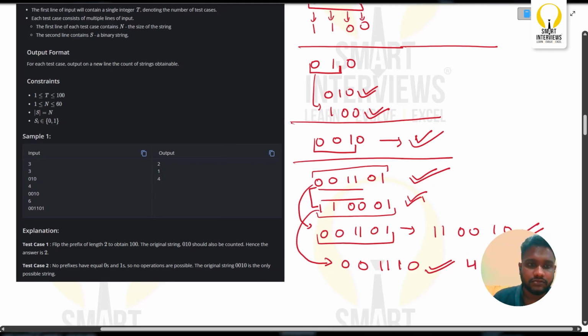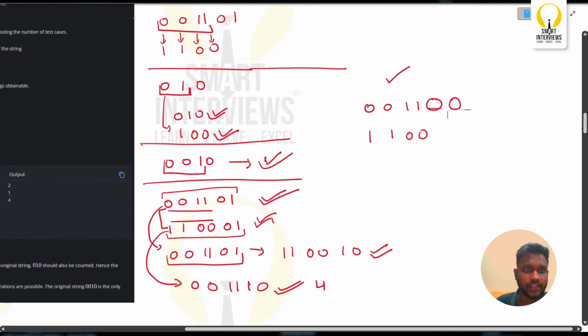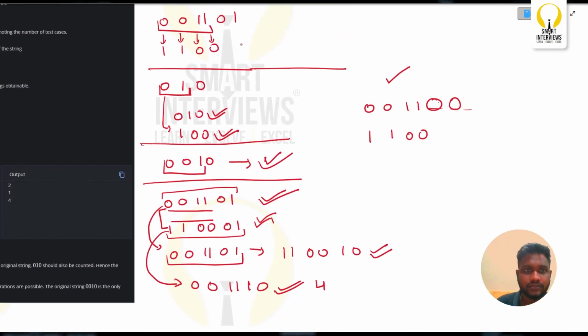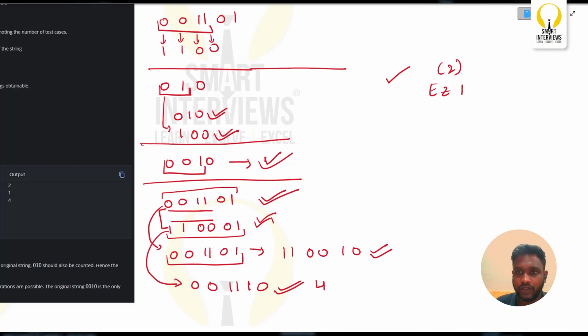So what are we actually doing here? Every time we have an equal number of zeros and ones, even if we flip the bits, there are going to be equal numbers of zeros and ones. So when we are moving through the string and find equal zeros and ones, let's say at length 2, that means we are generating two possible strings, right?